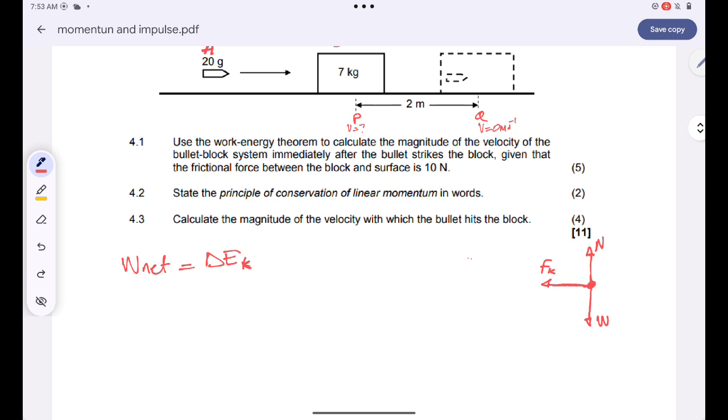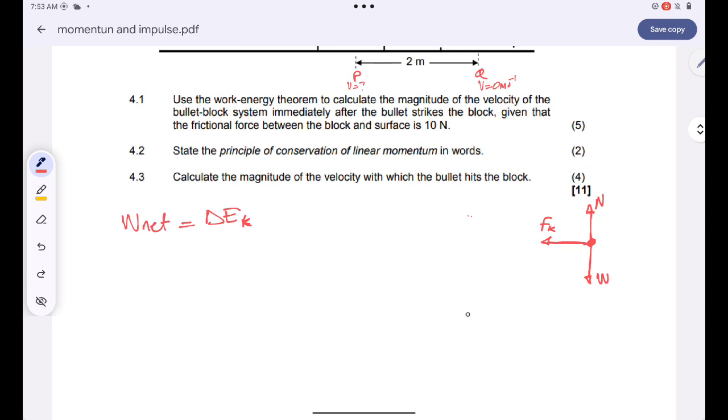But remember that work is the product of a force and displacement in the direction of the force. So if I wanted to find the work done by the normal force, I was supposed to use the normal force there. If I wanted to find the work done by gravity, I was supposed to use the gravitational force.